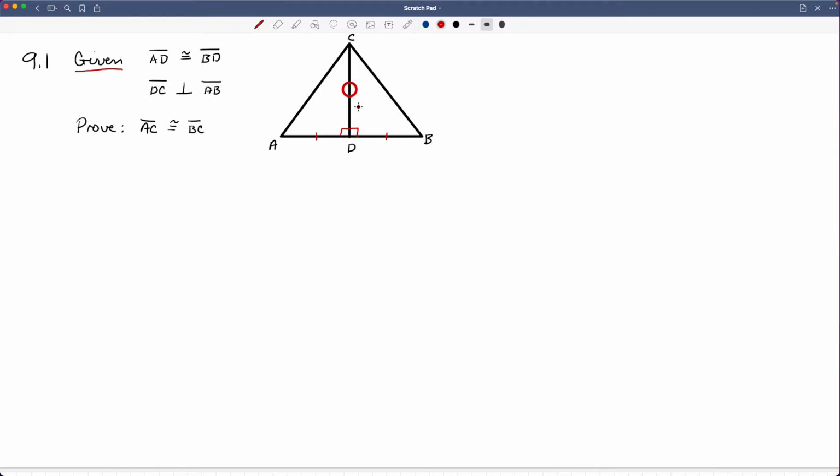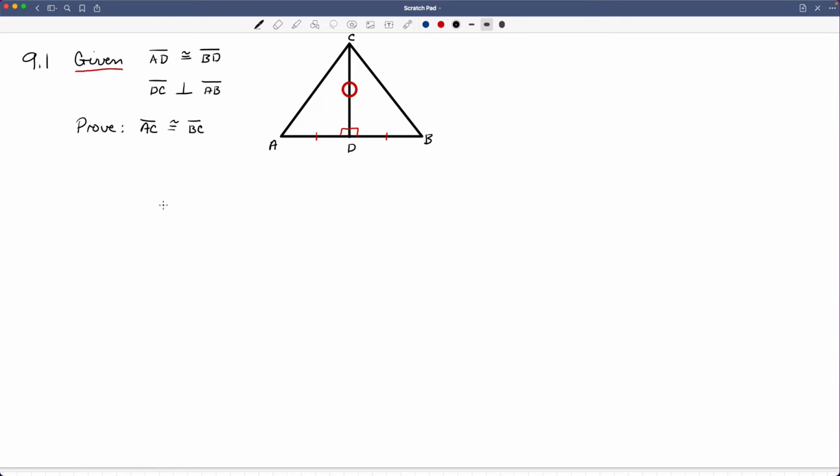Okay, so now we know that we have the same line here, the same leg. We have a same angle on both sides, and then we have another leg that's being shared. So they have a side and an angle and a side that are the same in both triangles. So we can begin writing that bit of the proof.